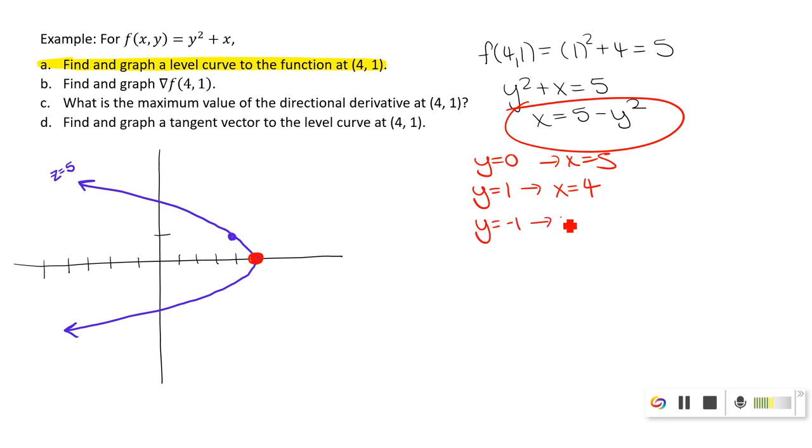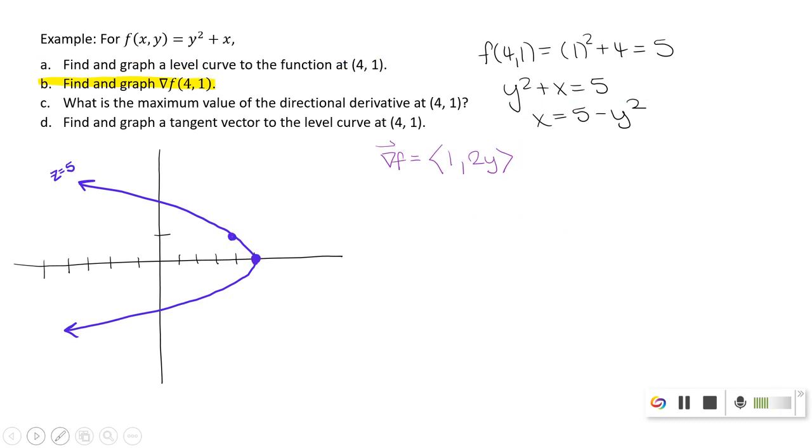And the same would be true if you plug in y equals negative 1. And so there's my point (4, 1). It should also go through the point (4, -1). And so in blue is my level curve, and it does go through the point (4, 1) as they asked in the directions.